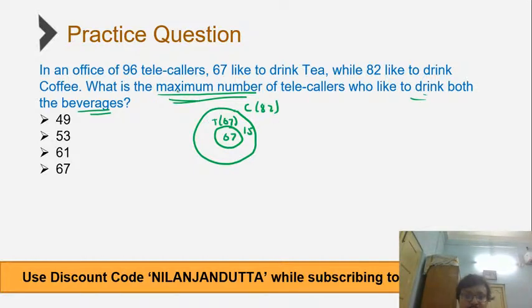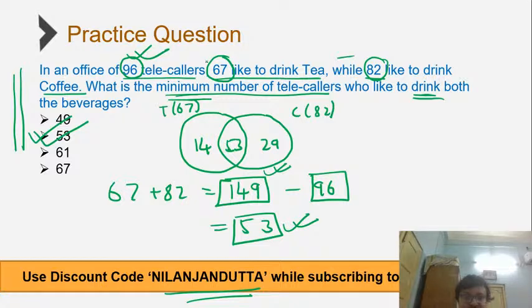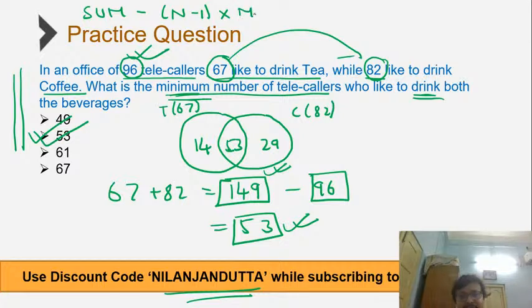So whenever they're asking you maximum, all you do is form concentric circles and mark the lesser number. Whenever they're asking you minimum, all you do is add the numbers. That is, you do the sum minus n minus 1 into max.